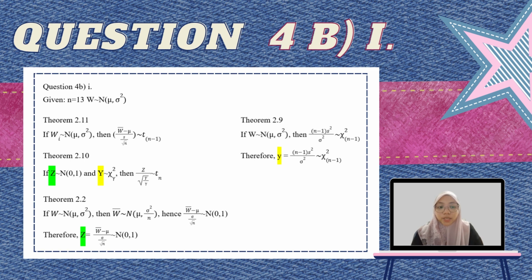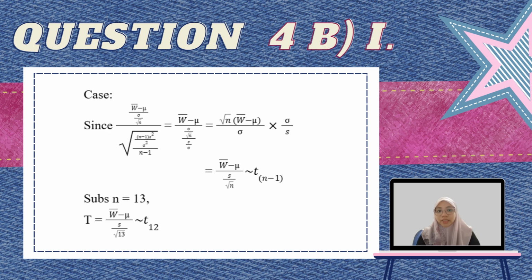Then we substitute the equation with Y for easier understanding. From theorem 2.10, when we have a standard normal and a chi-squared distribution and we divide them, it will give us a T distribution. When we divide Z over the square root of Y over the degrees of freedom n minus 1, we obtain the following equation, and then we simplify and get that W bar minus mu over S over square root of n follows a T n minus 1 distribution.